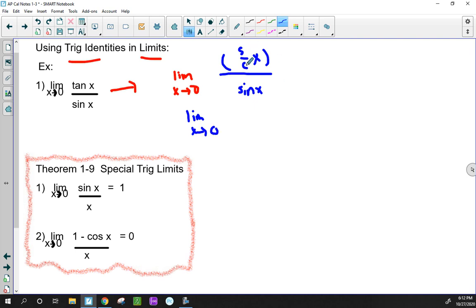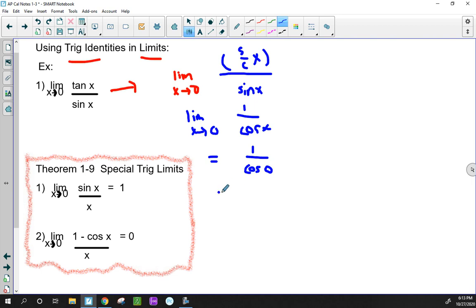So sine over cosine times 1 over sine. The sines are going to cancel, and I'm going to be left with 1 over cosine x. Then I'm ready to substitute. Copy 1 down, copy cosine down, and the cosine of 0.